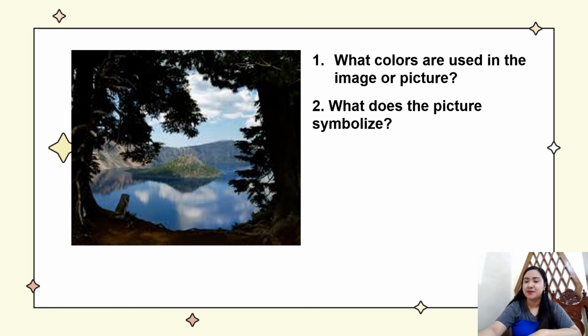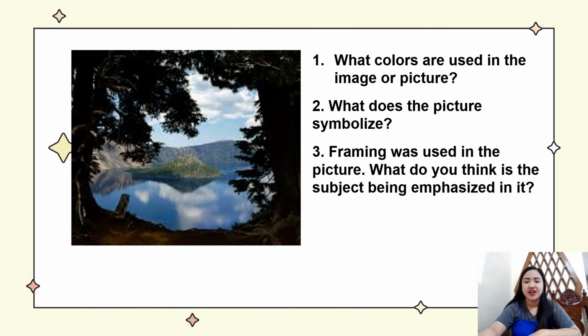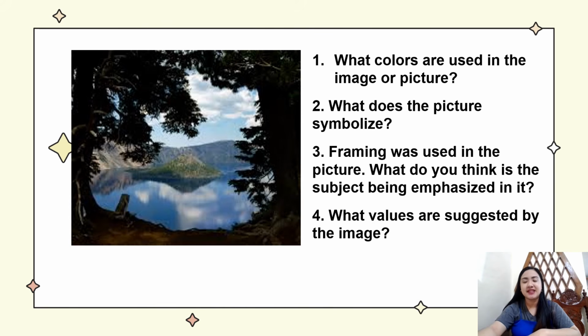What does this picture symbolize? Framing was used in the picture. What do you think is the subject being emphasized in it? And lastly, what values are suggested by the image? In this activity, answers may vary.